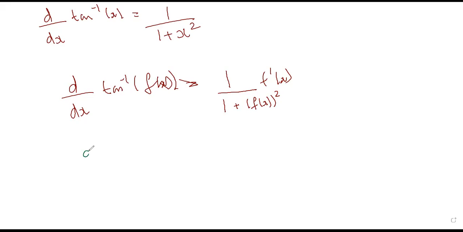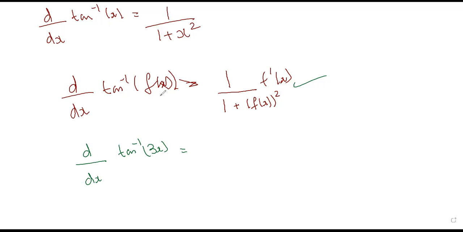So let's say the question says that you have to differentiate tan inverse 3x. How are you going to do it with reference to this general formula? I need your help, Ranjini. If we have f of x, we do it this way.